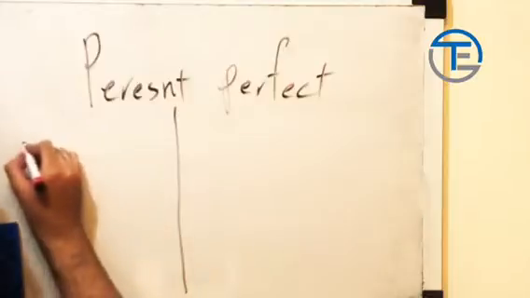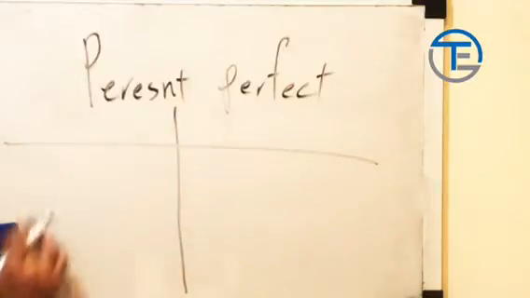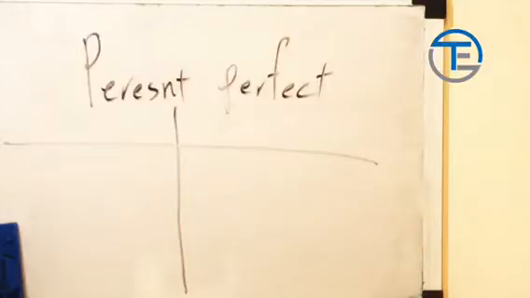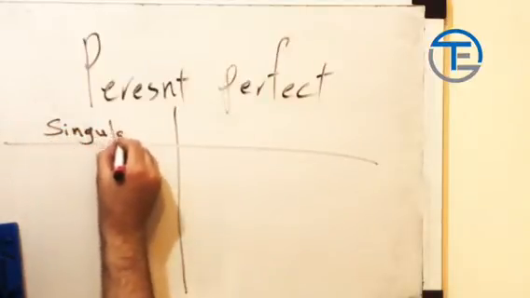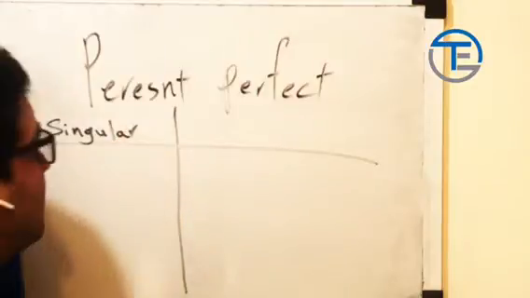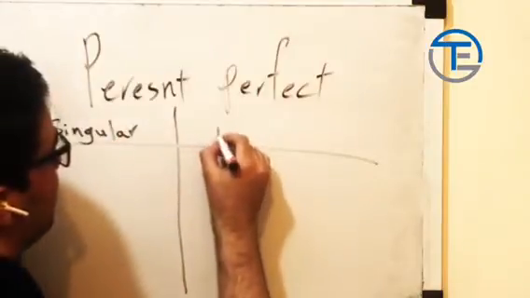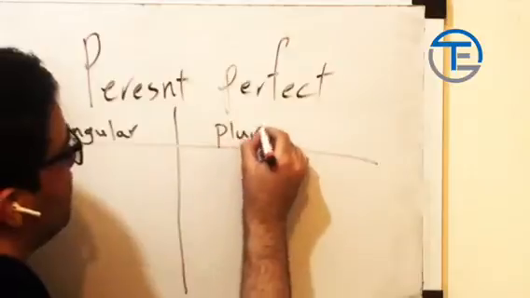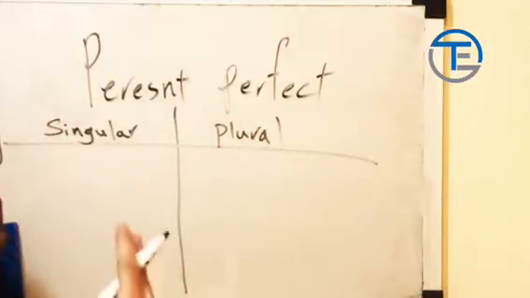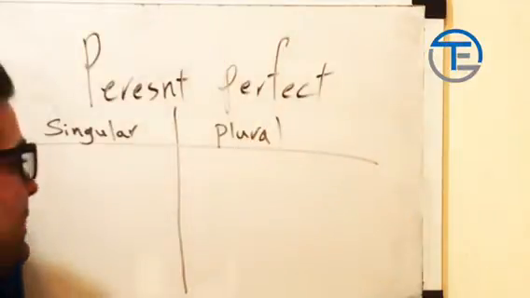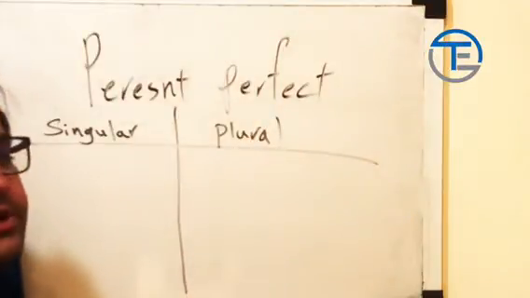Here we have a chart like this. I can write here singular, that means one. And here I can write plural, that you're talking about two, three, or more than that. We want to write subject pronouns.